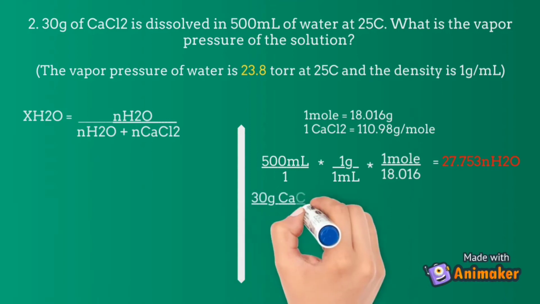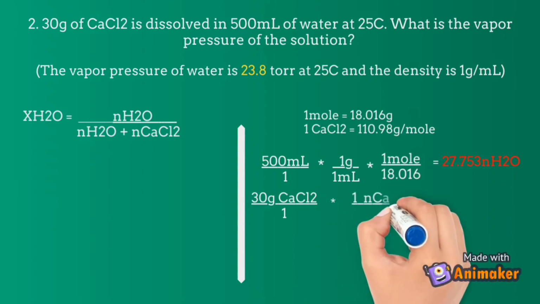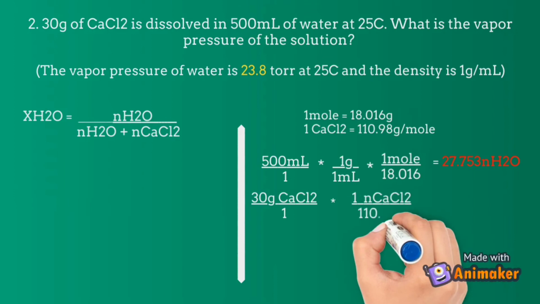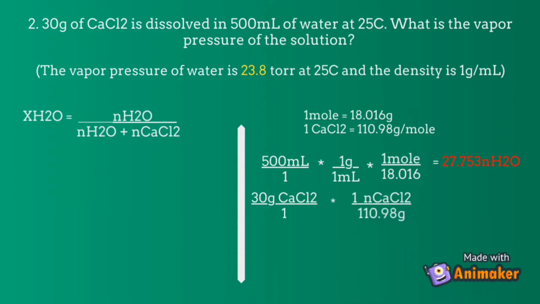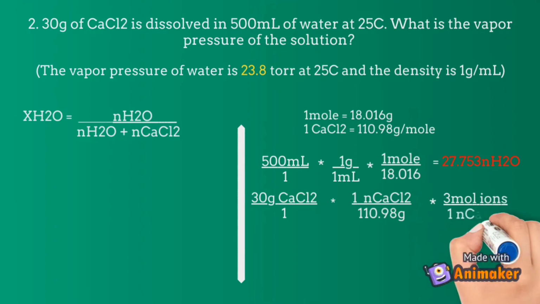Now, let's move on to our mole of calcium chloride. We have here 30 grams of calcium chloride over 1, multiplied by 1 mole of calcium chloride over 110.98 grams. Then we multiply by 3 moles of ion over 1 mole of calcium chloride, because what we need is the ion.